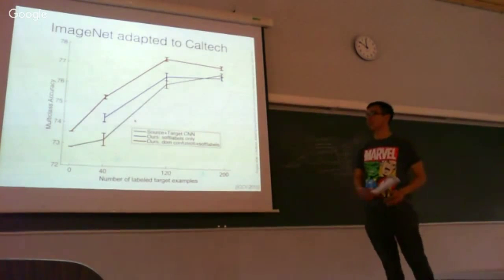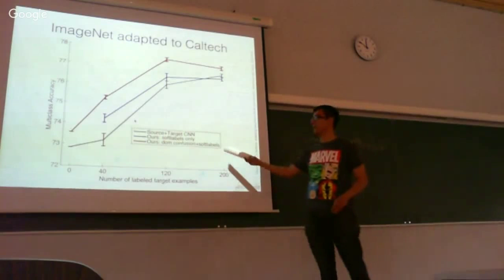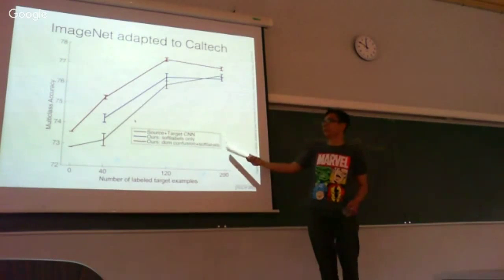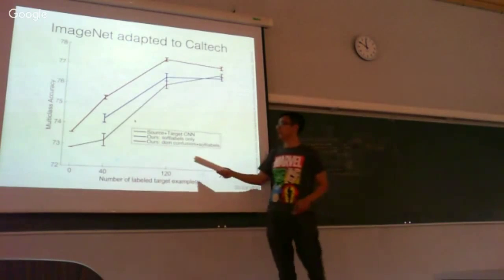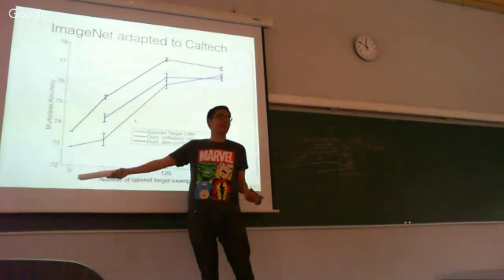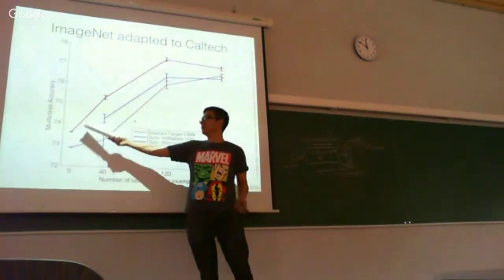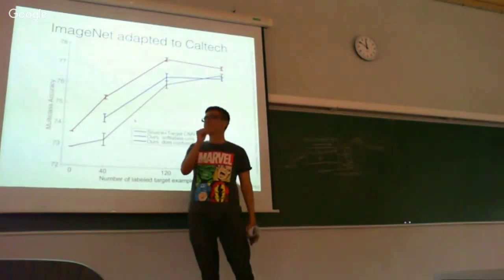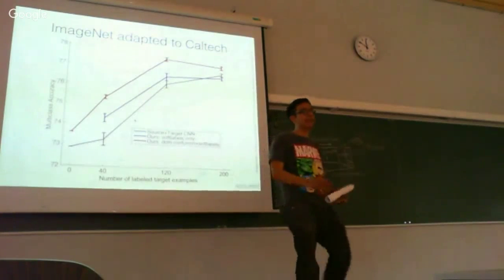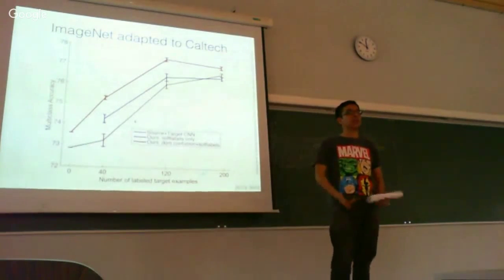In this experiment, they show the source CNN, the original source, and the original target. Here they have zero labels. It doesn't perform as well as this one, but it performs a little bit better than only having those CNNs.